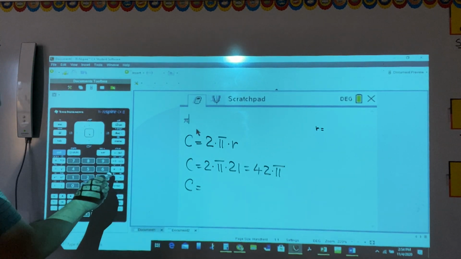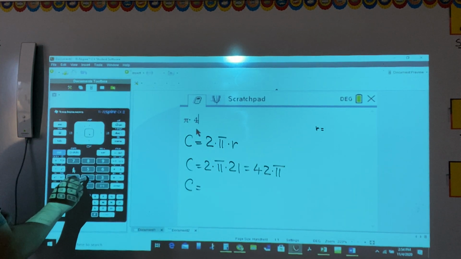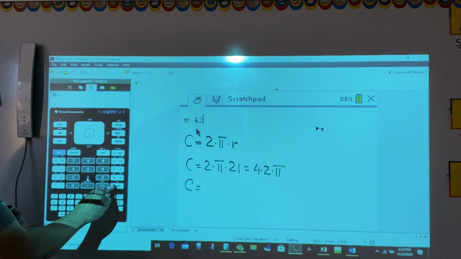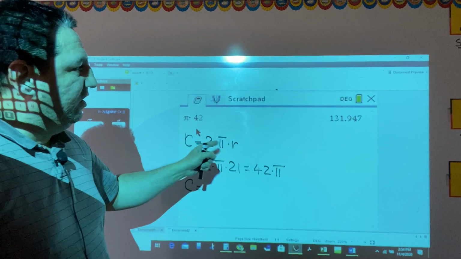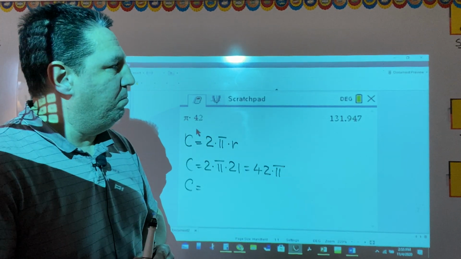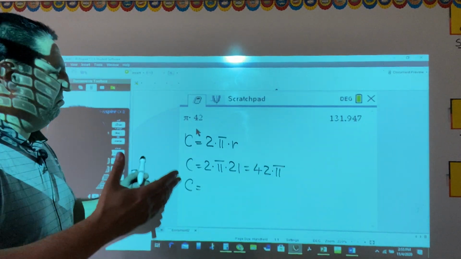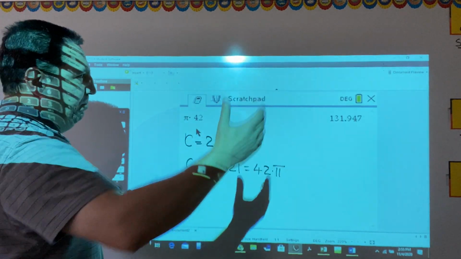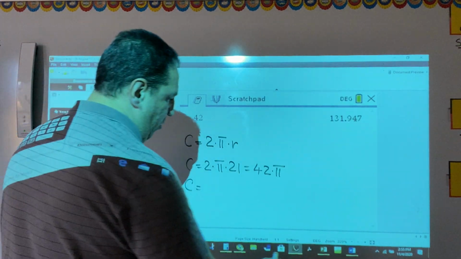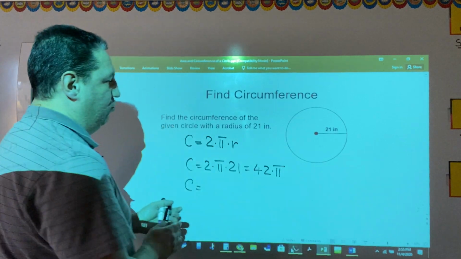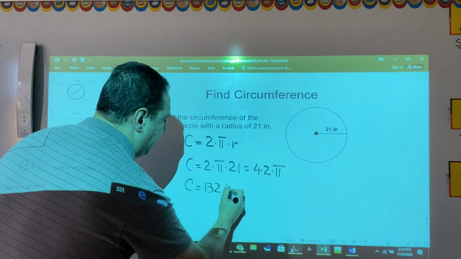Then we multiply by 42, and we simply press enter. So the result will be 131.947. We can approximate to the nearest ones, and we get 132 inches.